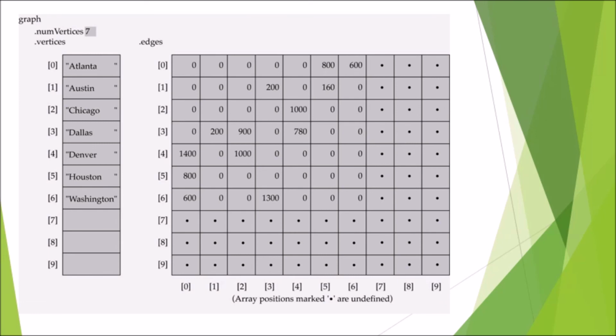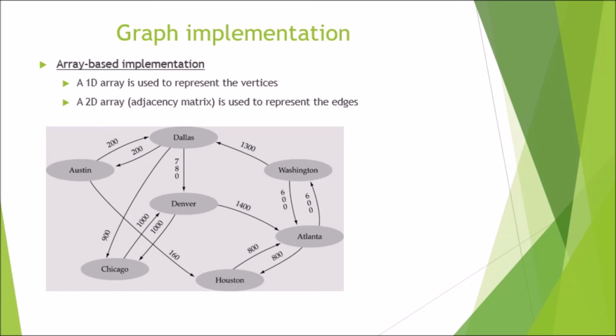Here you can see a two-dimensional array or a matrix used to represent the distances between the cities. The row represents the city name and the column represents the other city to which this city is connected. For example, we can see in the graph that Austin is connected to Dallas with a distance of 200 km.